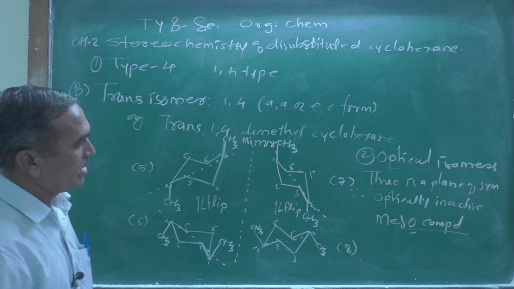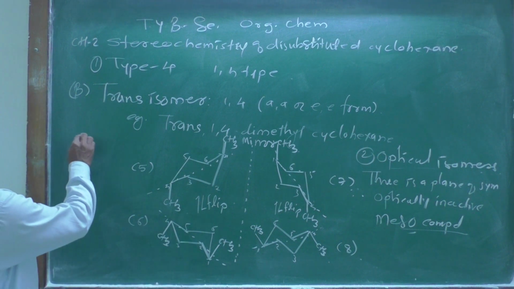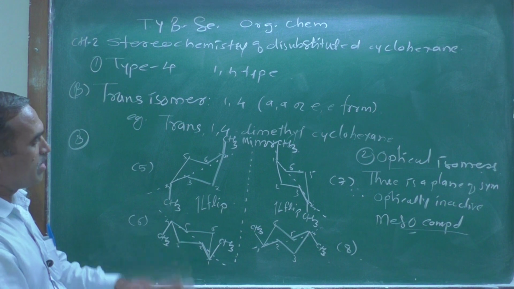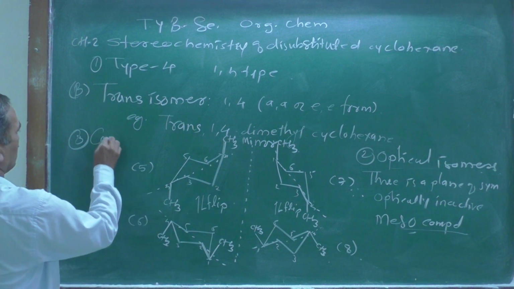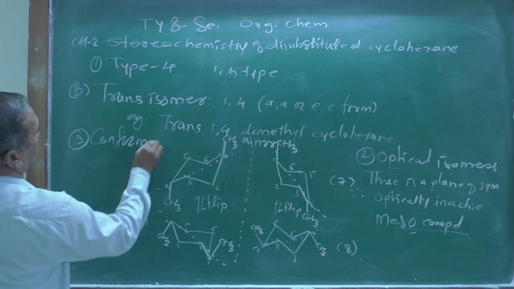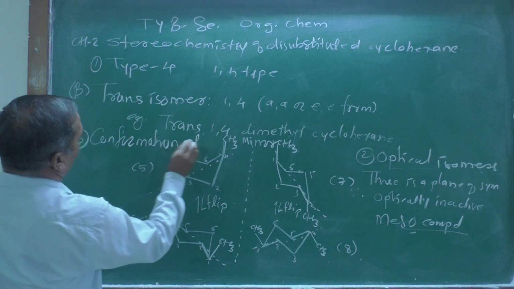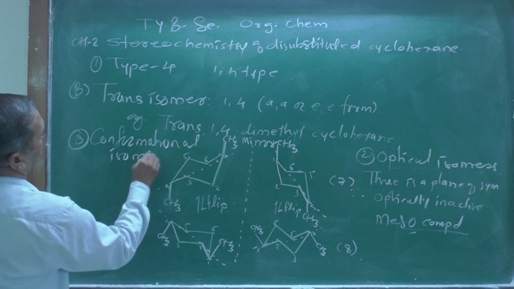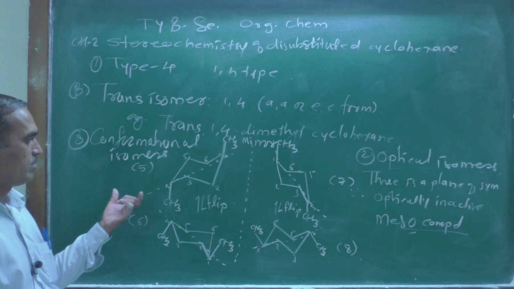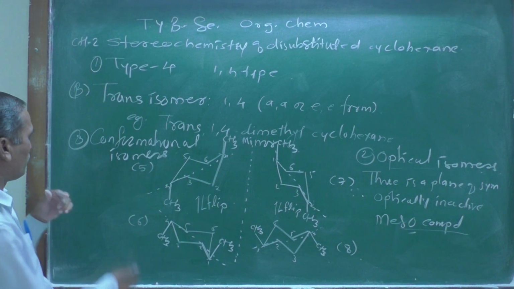Now moving toward the next point. What is our next point? Third point, we are talking about conformational isomerism or conformational isomers. Observe this structure carefully.